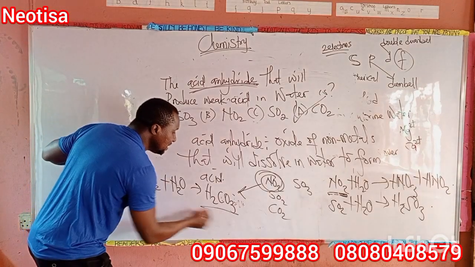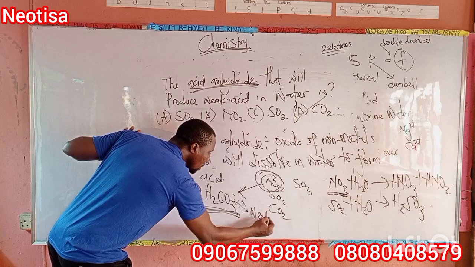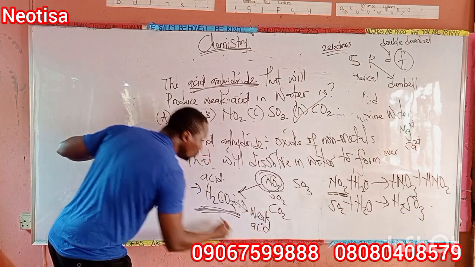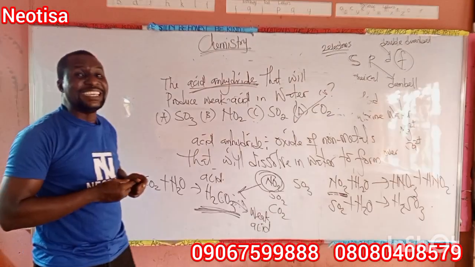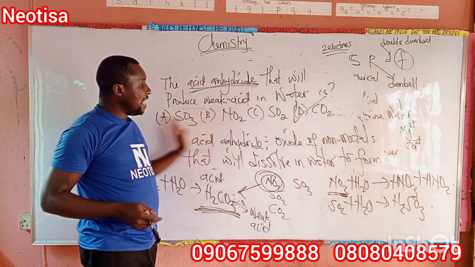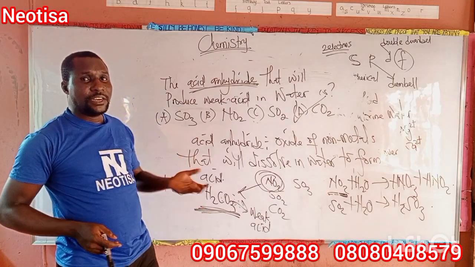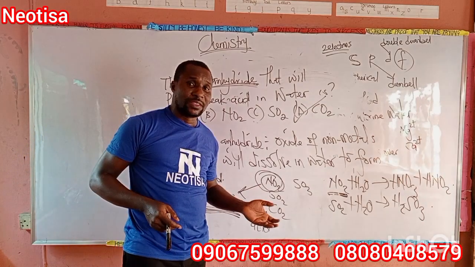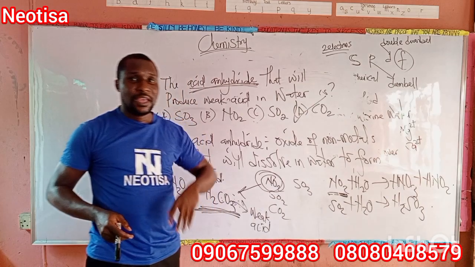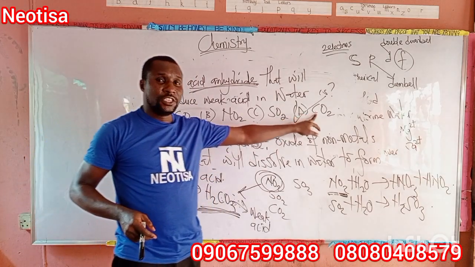This acid is an example of a weak acid. Take note, trioxocarbonate(IV) acid is an example of a weak acid. And don't forget, they are all acid anhydrides, the oxides of non-metals that react with water to produce acid. But the one that gives the weak acid is CO2.